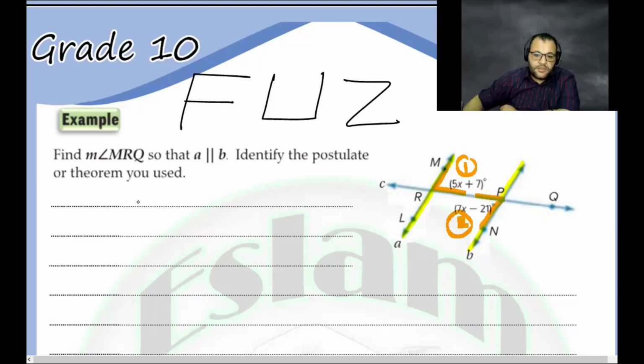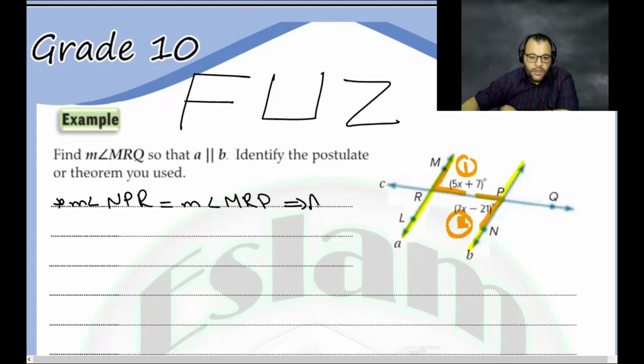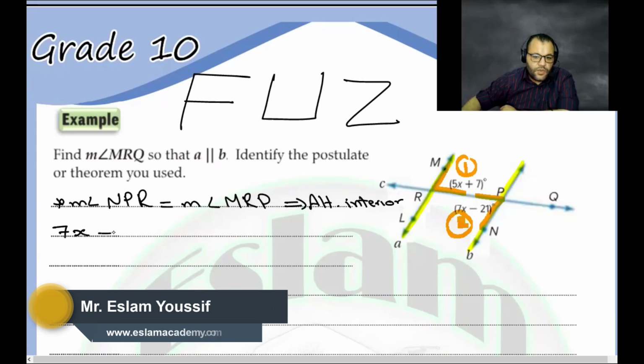So we can write the measure of angle NPR is equal to the measure of angle MRQ, because they are alternate interior angles. So we can say that 7x minus 21 equals 5x plus 7.